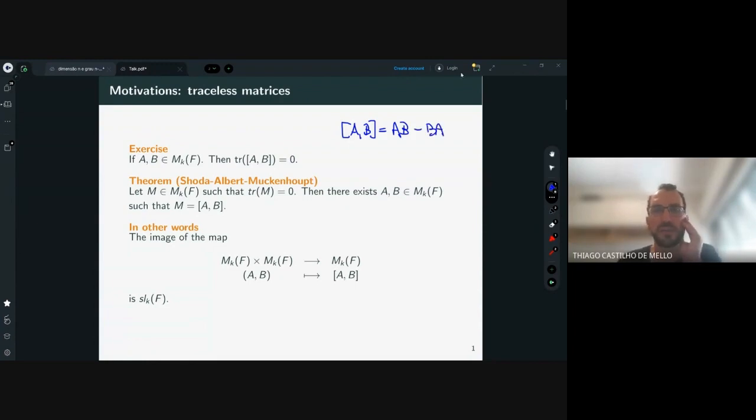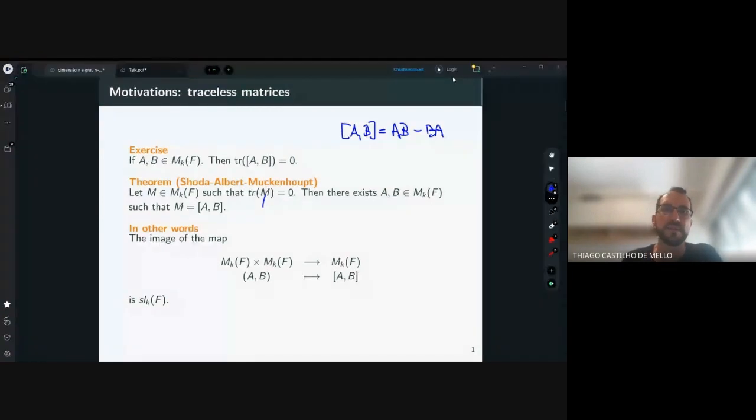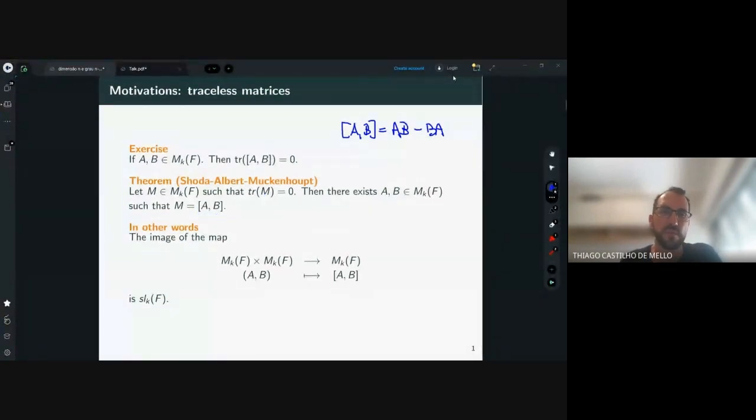Of course, the trace of this is zero, but the interesting thing here is that there is a converse for this fact. That is, if you consider an arbitrary matrix of trace zero, it can be written as a commutator of two matrices. Actually, it's simple to show that any trace zero matrix is a linear combination of commutators, but to show that it is only one commutator, it's a little bit less simple.